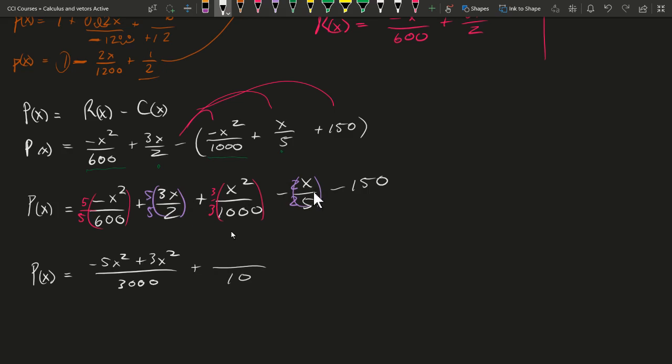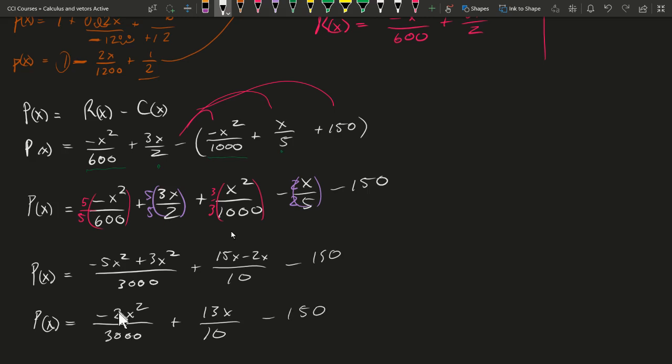Is that right? 15x minus 2x. And then I've got a minus 150. Common denominator, got it. So P of x is negative 2x squared over 3,000 plus 13x over 10 minus 150.